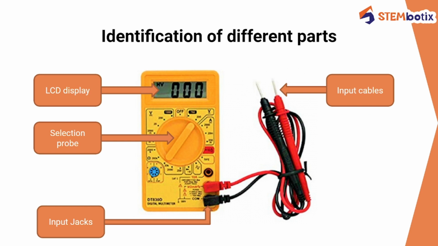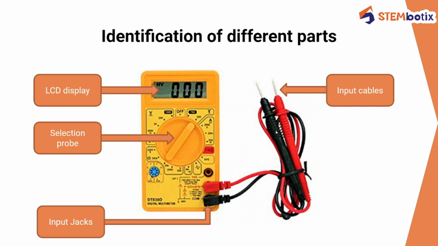Now, this is how your digital multimeter looks like. As you can see in the image, we will identify the different parts. So here, these are input cables. When you purchase a digital multimeter, you will have these two cables, and they are the input cables.